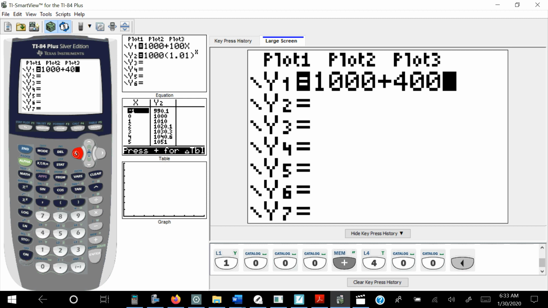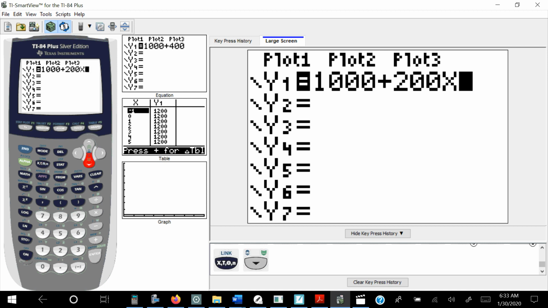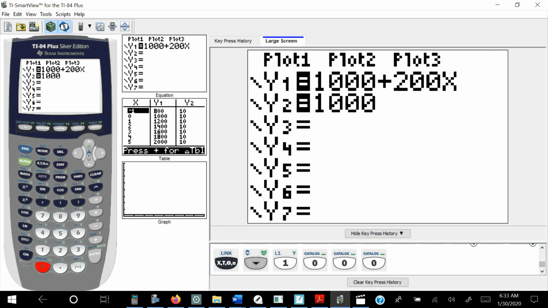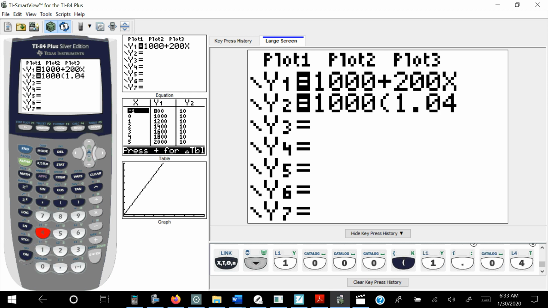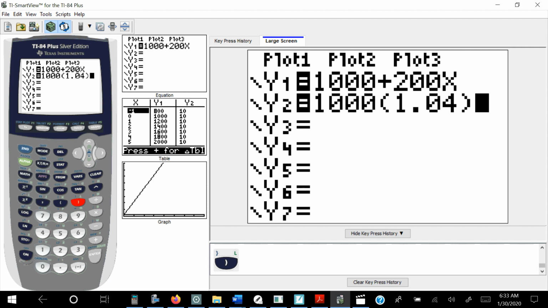Was it 400? Oh, 200. And times x. And then 1,000 times 1.04, and we'll raise that to the x.